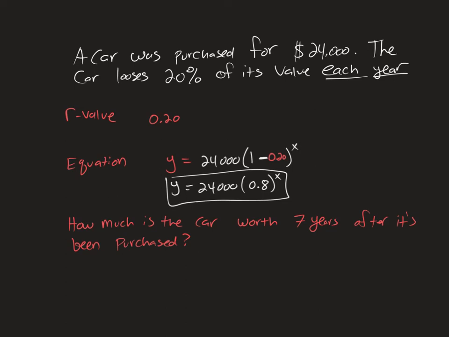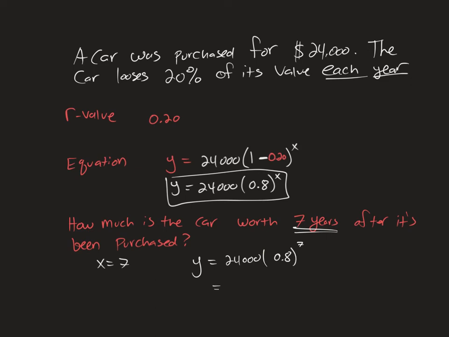So I'm going to use this equation to answer questions about the value of this car over time. How much is the car worth 7 years after it's been purchased? Well, that means that x equals 7. If we were asking after 10 years, then x would equal 10. So the value of my car is 24,000 times 0.8 to the power of 7.